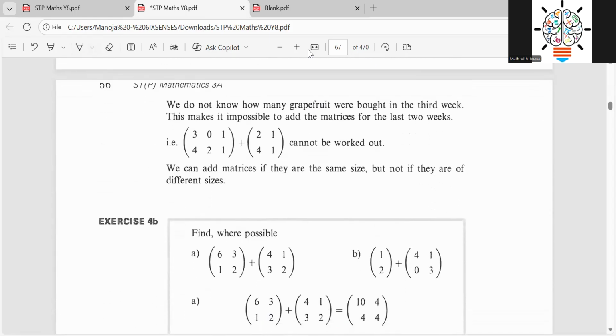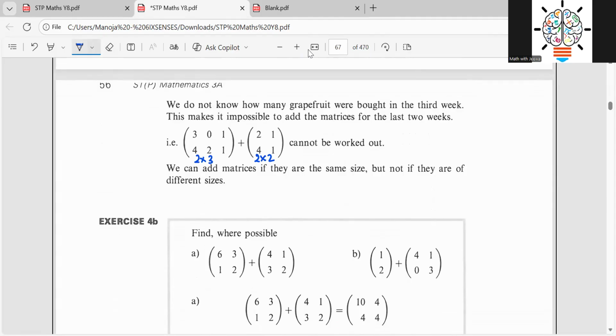So then here you can see this one they have given. This is 2 into 3 and this is 2 into 2. Can you add them together? No, because when you are adding the entries one by one, you come across a situation where for this 1 and 1, we don't have any other entry to add with in the second matrix.